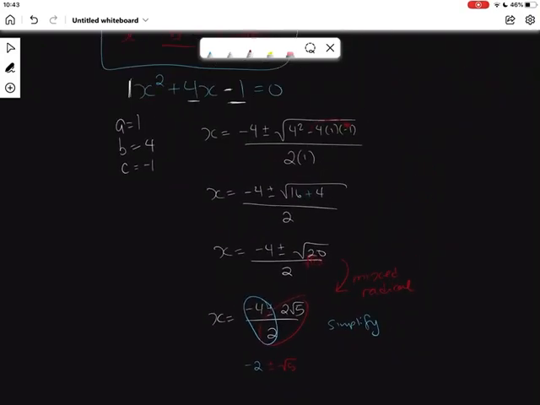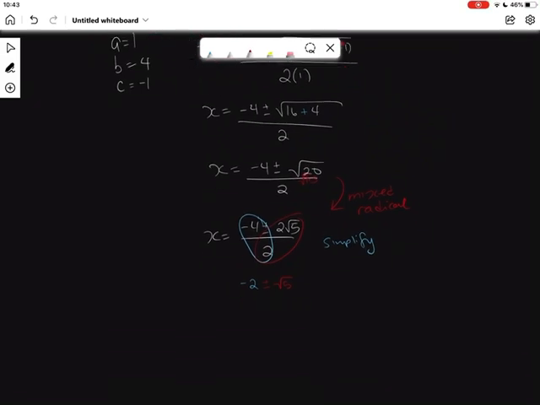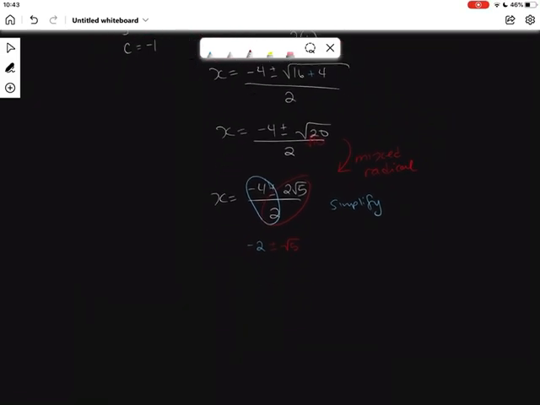So what I can say with this equation is that for x squared plus 4x minus 1 equals 0, this equation has 2 real solutions. I can also use the word roots. I could say this equation has 2 real roots.